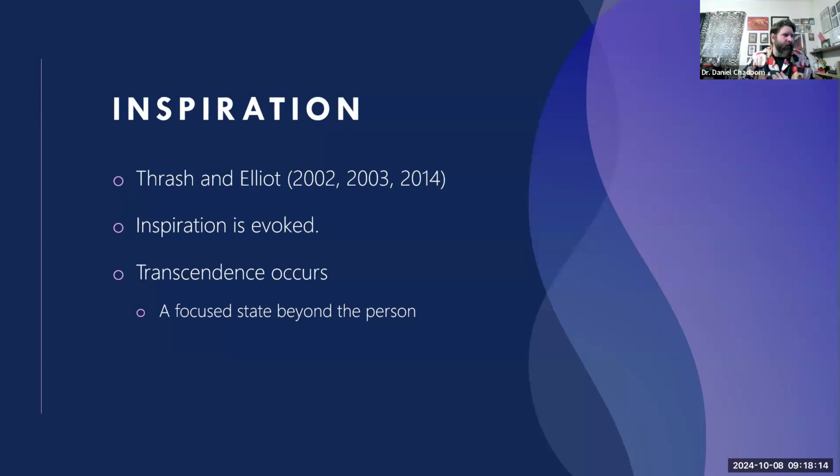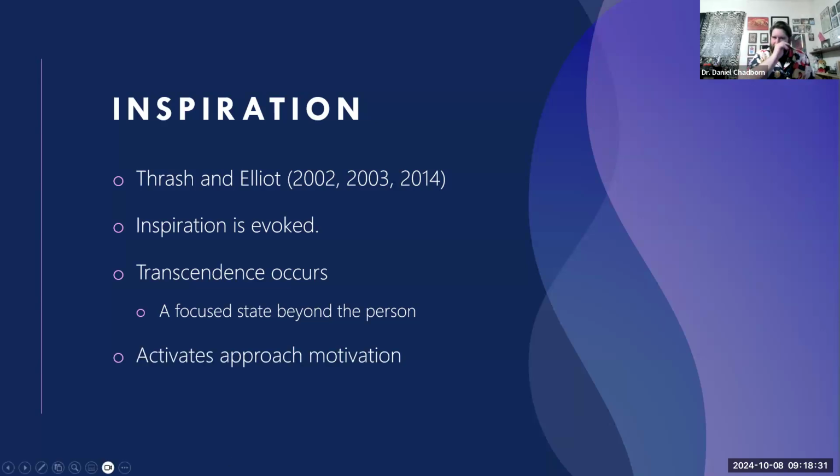They define it as a state that goes beyond the person. It's beyond just them. It could be their group. It could be a creative burst. It's inspiration. It is what they're defining.